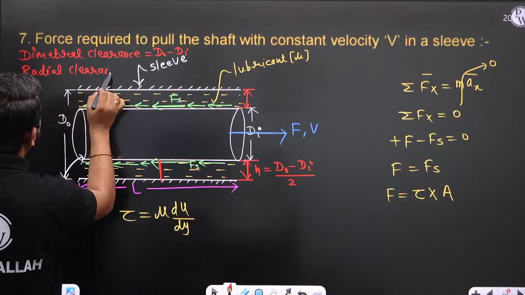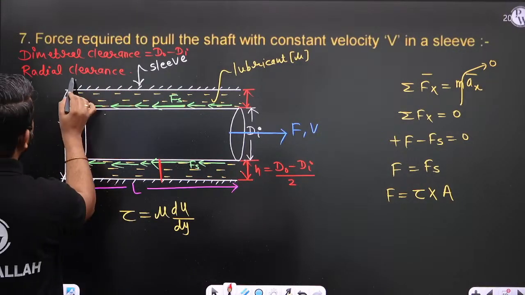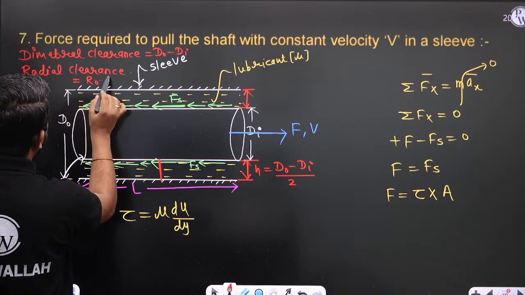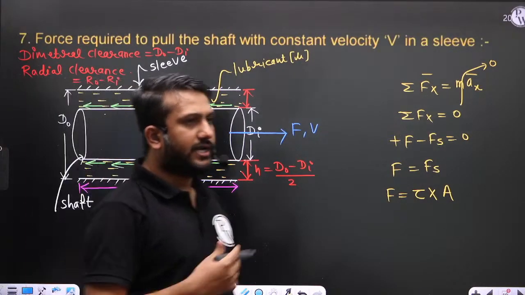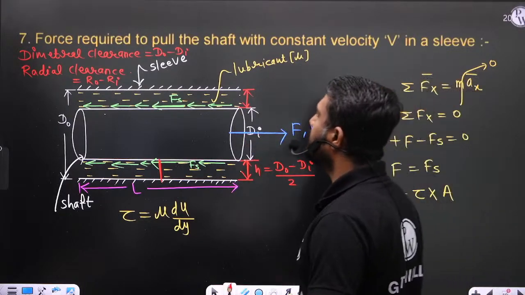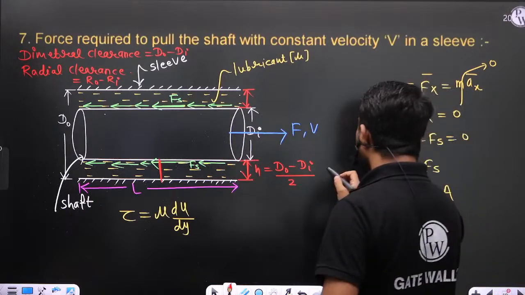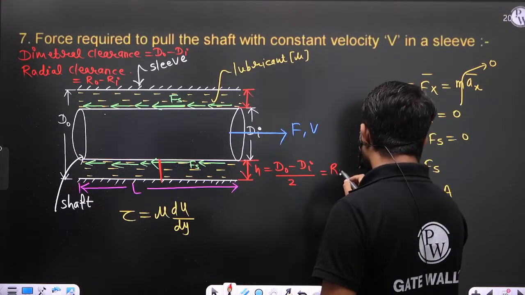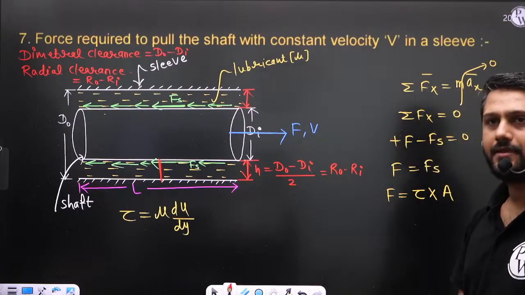There is another term, radial clearance. And what is the radial clearance? That is r naught minus ri, or you can say d naught minus di by 2. The radial clearance is nothing but d naught minus di by 2 only, or r naught minus ri.